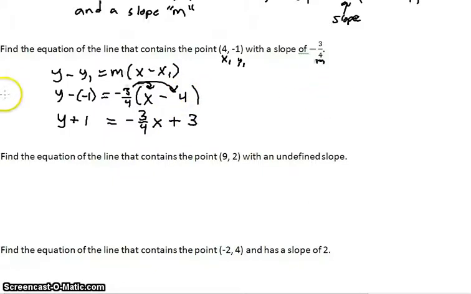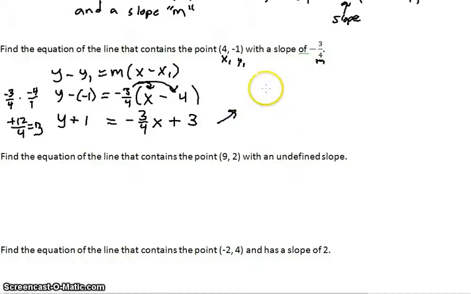If you don't believe me, it's -3/4 times a -4 over 1. That's going to be a -12, or excuse me, a +12 over 4, which is 3. So we have this equation here.